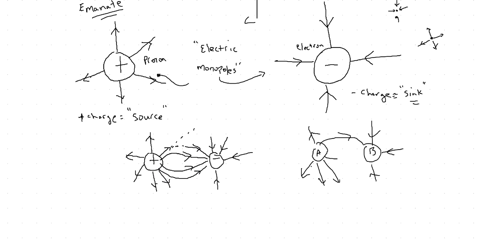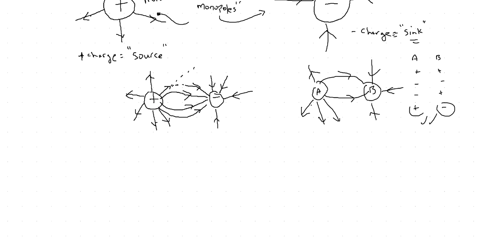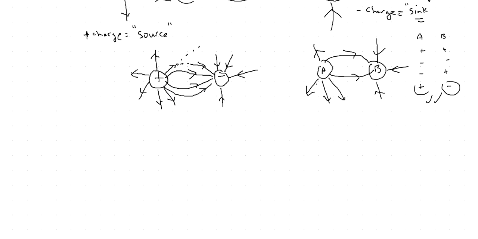Okay, I'm not going to fill them all in. And they say, what is A and B? Is it plus, plus, minus, minus, minus, plus, plus, minus? Well, it's plus and minus, obviously. Okay, so that's a pretty easy picture. That's two opposite charges attracting. And you should know this picture.